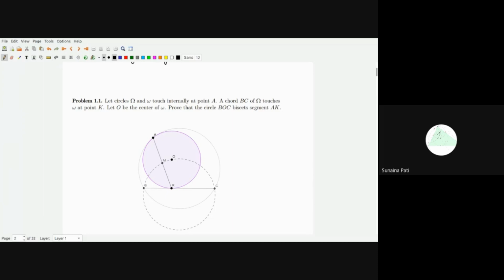Oh, am I supposed to speak louder? Okay, sure. You're given tangencies, and you have somewhat three circles. So what does it remind you of in general? That's what you're supposed to think.